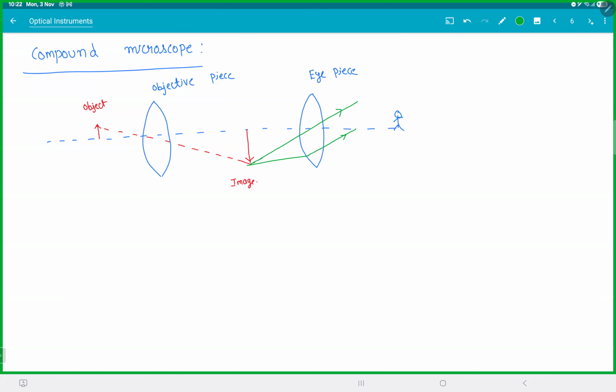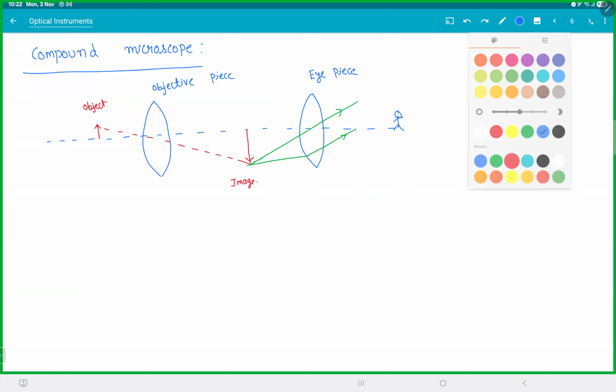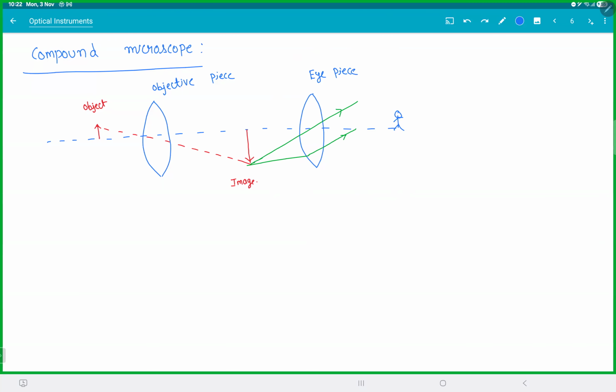That means this has become simply a simple microscope. The eyepiece is a simple microscope. The objective piece will make the image bigger, and that image you look at through a simple microscope. So it is a combination of a lens plus a simple microscope. First you make the image bigger using one lens, and that big image you look through the eyepiece. This focal length is f naught, and this focal length is fe.